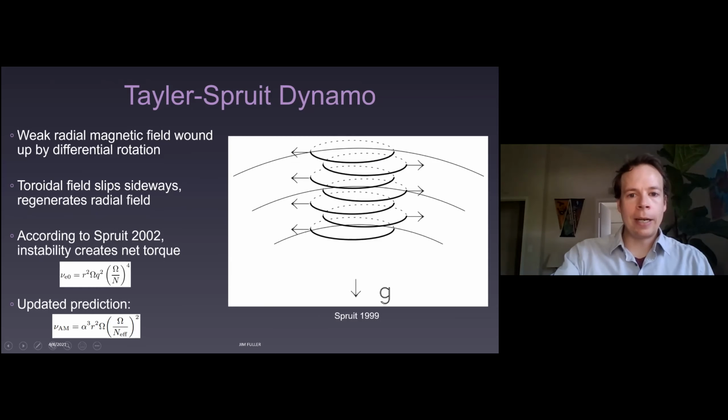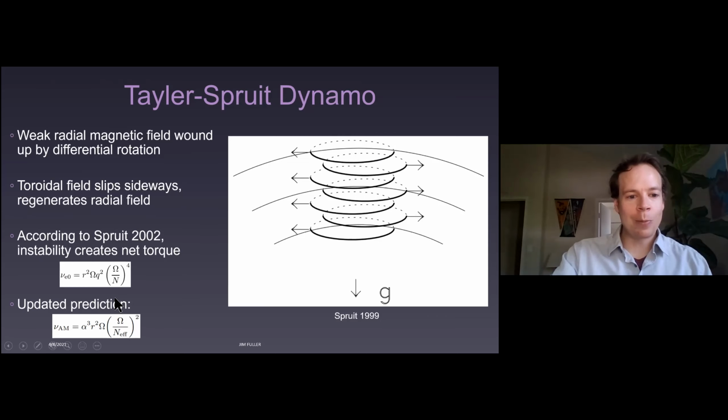A magnetic field will do a similar thing, where the magnetic loops buckle to the side via the Tayler instability once their field strength gets large enough. So that's the linear instability. What actually happens as an outcome of this process is not well understood. It's a very complicated MHD instability that somehow saturates, but we don't really understand it.